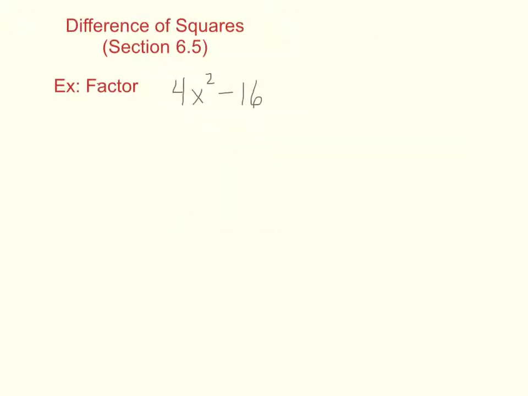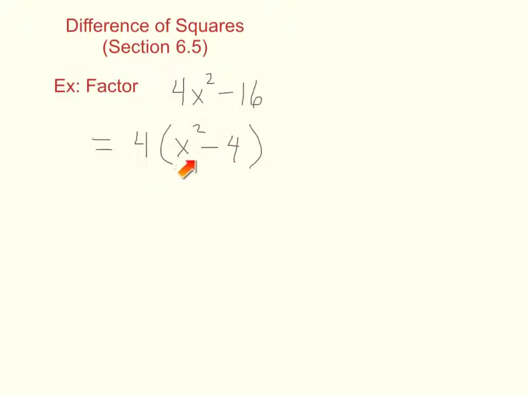So here's another difference of squares, but don't be in too much of a hurry to do the difference of squares, because remember our first rule of factoring is to take out the greatest common factor, and in this case we have a 4. So 4x squared minus 16 is actually 4 times x squared minus 4. And then we take a closer look, and we do have the main operation of multiplication, but notice this binomial is not prime.